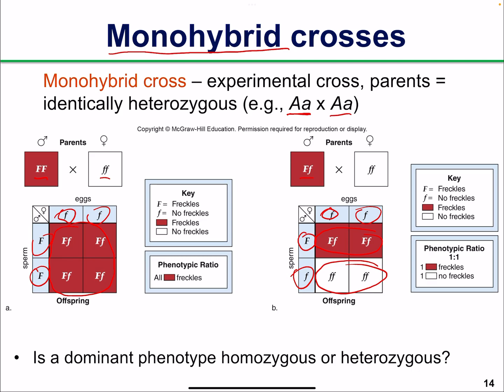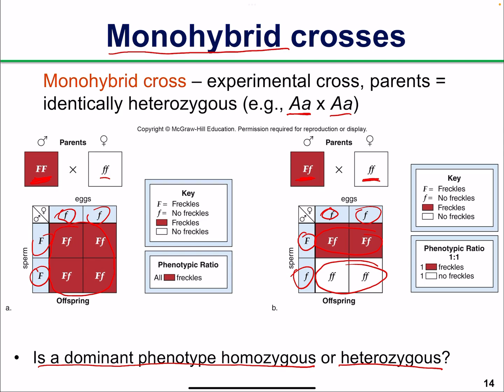So a fair question we may ask is, is a dominant phenotype homozygous or heterozygous? To find out this, we actually do what we call a test cross. That test cross is going to cross an individual that we know to be homozygous recessive and an individual that we don't know actually if they are heterozygous or homozygous.